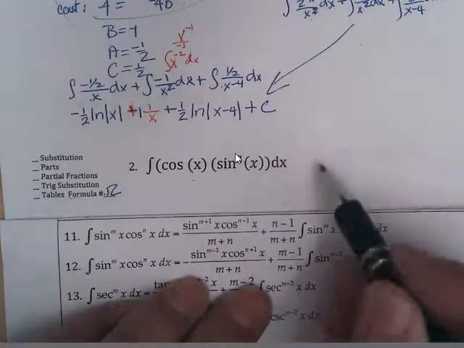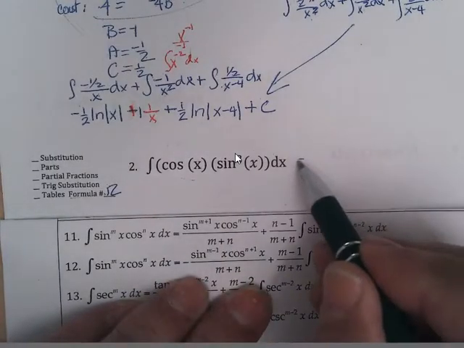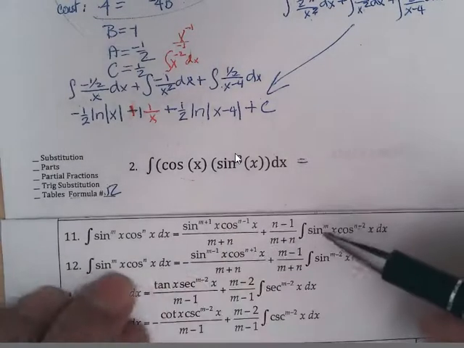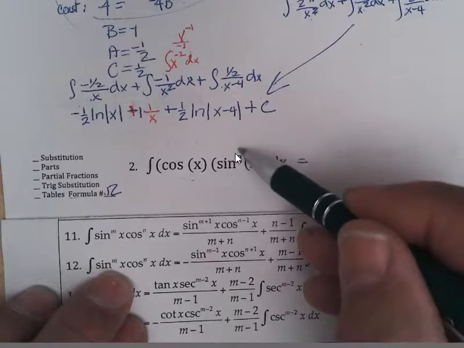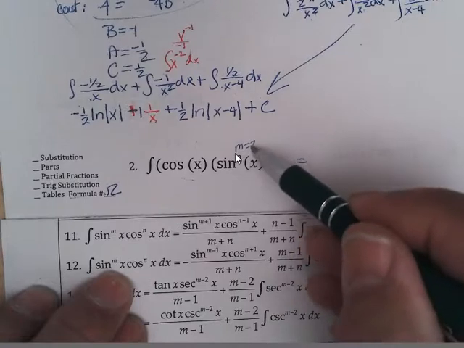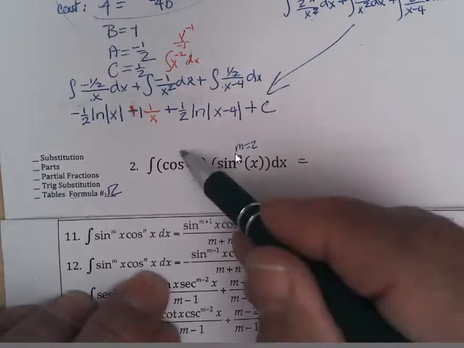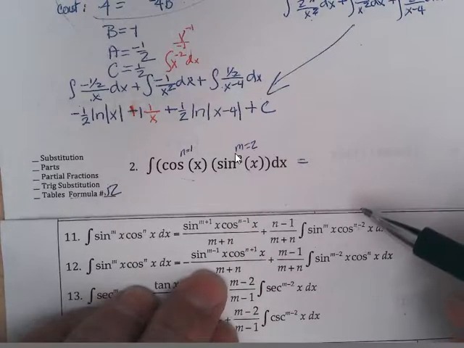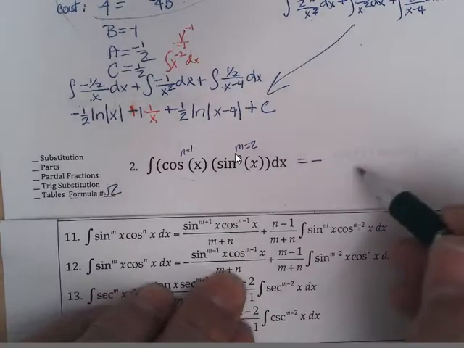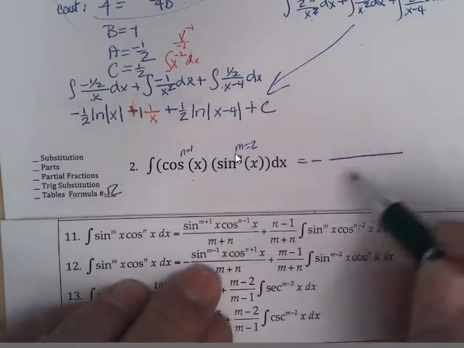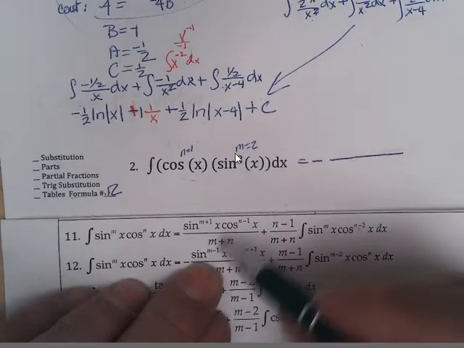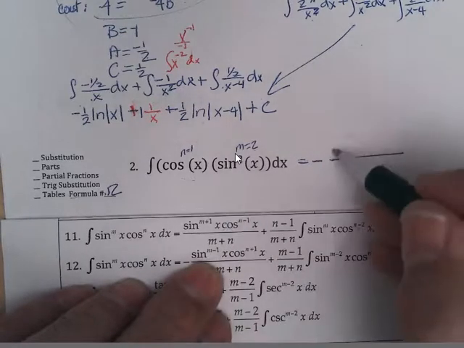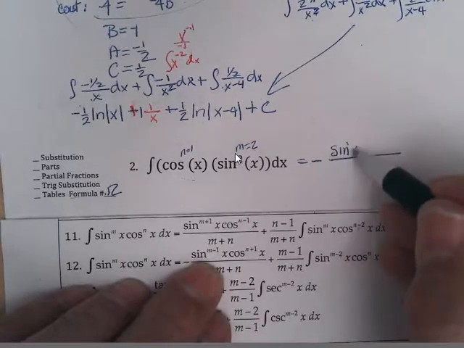And so that becomes, let's see, it makes m be 2 and n be 1. And so we get minus 1 less on the sine, so that was 2, so it goes to sine to the 1.